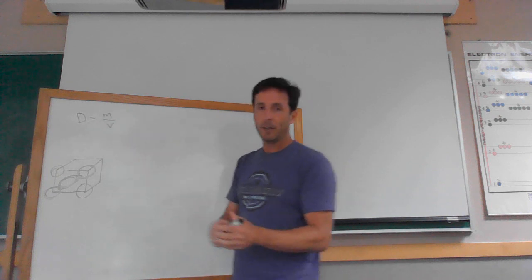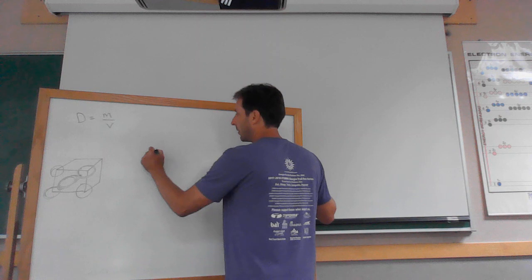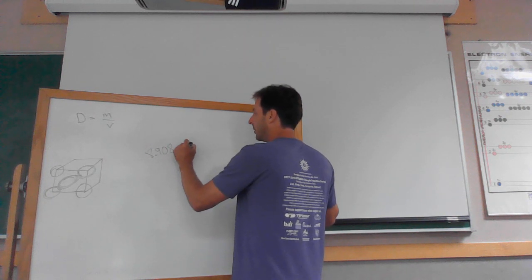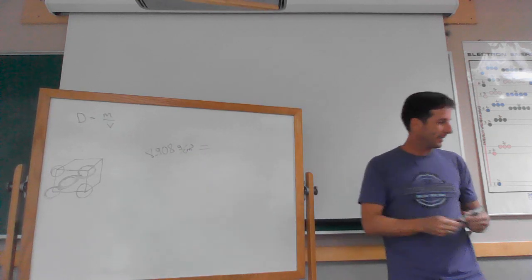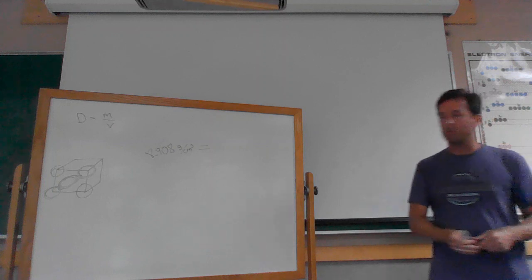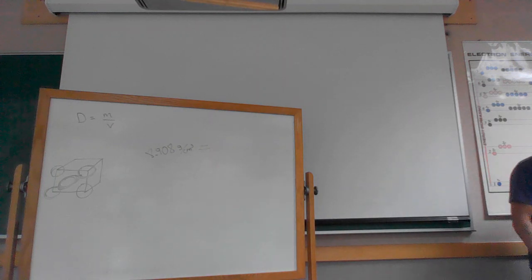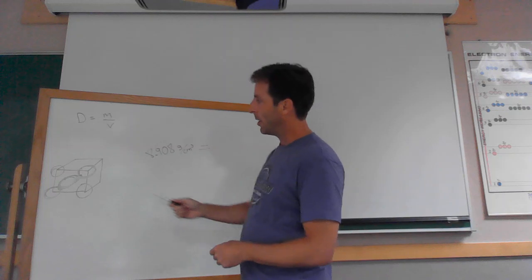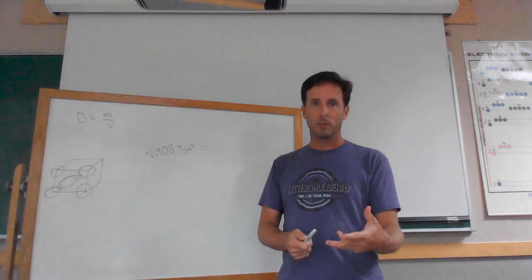Well, the density, again, it was given, is 8.908 grams per centimeter cubed equals the mass. So for this atom, nickel has a molecular weight, or atomic weight, of 58.69. Okay, so I know that each nickel atom weighs 58.69 AMUs.